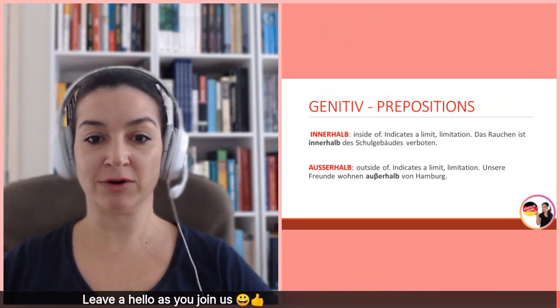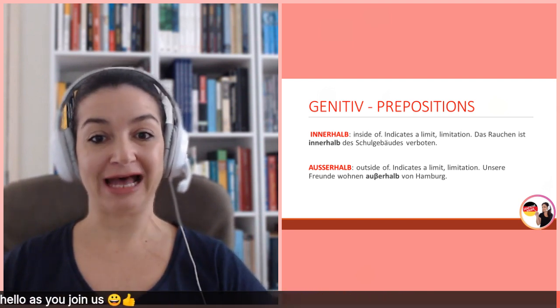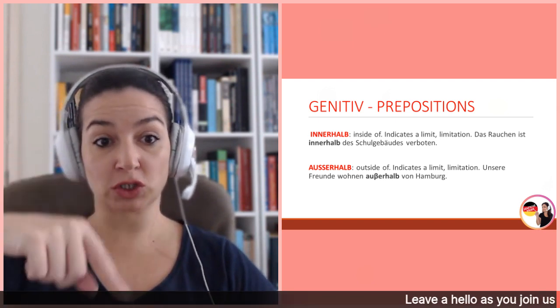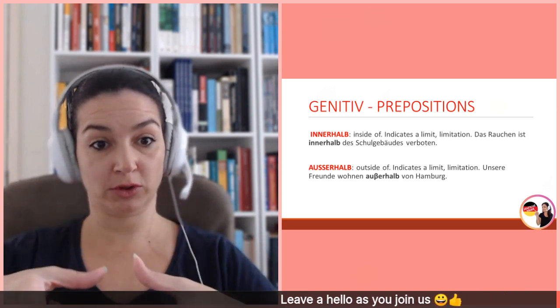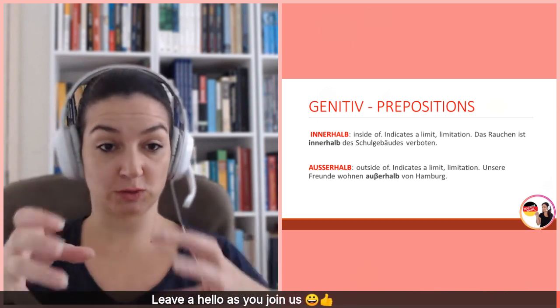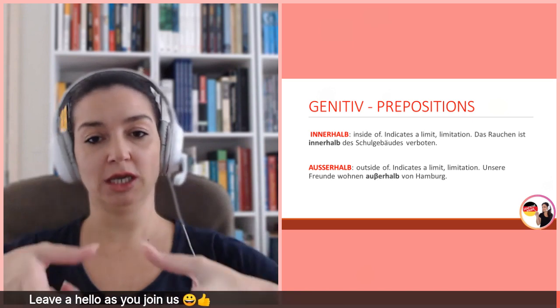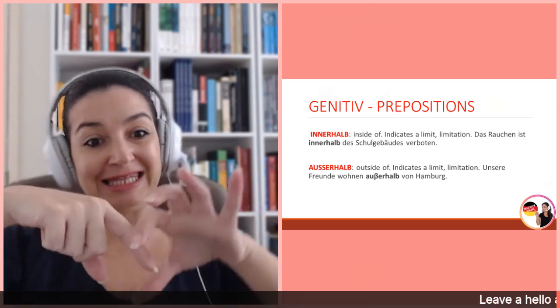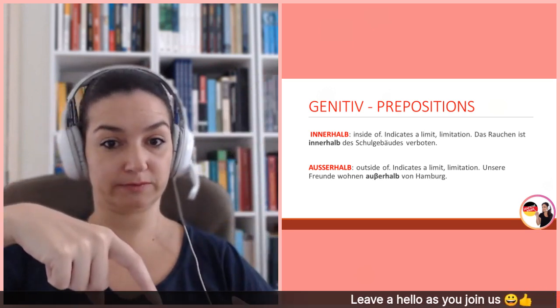Our friends live outside of Hamburg. Here you have like a circle, the limits of the city of Hamburg, which is also a state, but let's call it a city. They live outside of it.